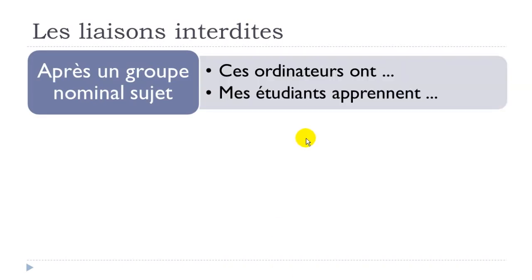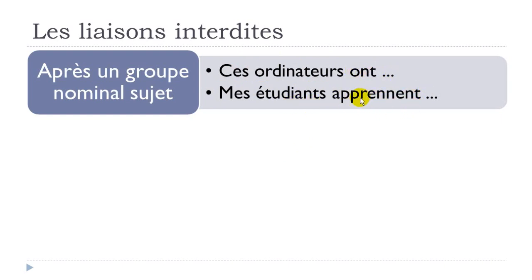And another rule is if you've got, like here, ces ordinateurs, or like here, mes étudiants. In these two sentences, ces ordinateurs is the subject, mes étudiants is the subject, and then the verb comes after, all right?